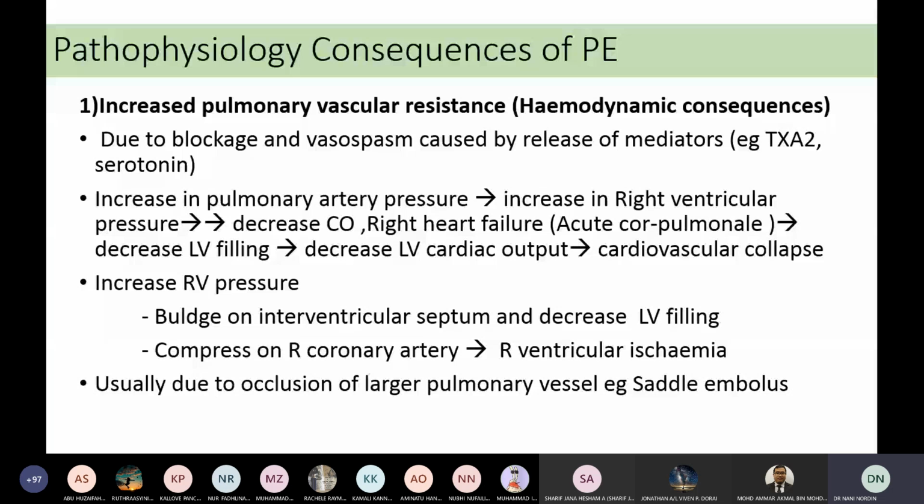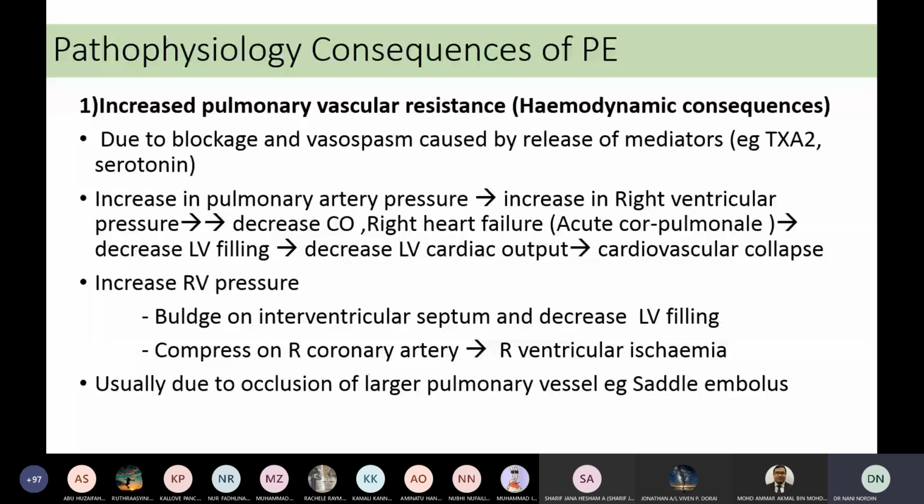So on top of just mechanical blockage in pulmonary embolism, there will also be release of mediators and cytokines, which will lead to vasospasm and also bronchospasm. All in all, this will lead to an increase in pulmonary artery pressure.